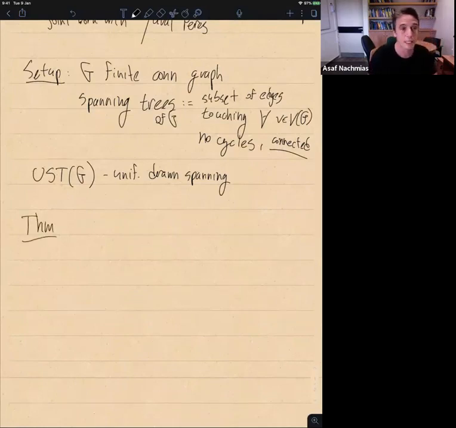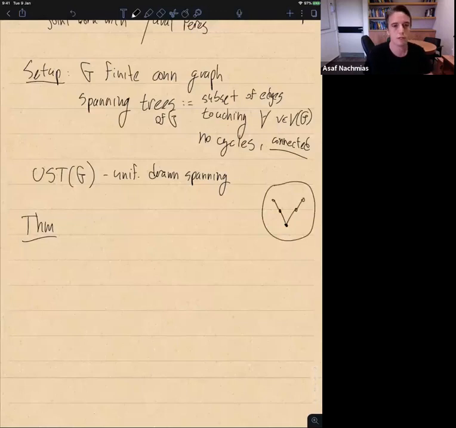I have a graph, or a sequence of graphs, and I'm drawing uniform spanning trees. The quantity I'm interested in is, for instance, the number of leaves, where a leaf is a vertex of degree 1, or perhaps the number of vertices of degree 2, or perhaps the number of vertices whose ball of radius 2 looks like this.